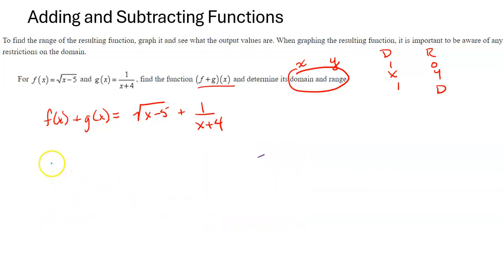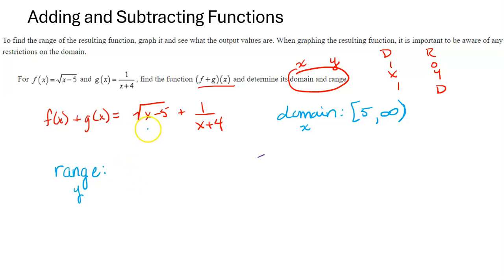Okay, so for range, we are going to plug in the 5 that we got. So our domain is 5 to infinity, right? We're going to plug in 5 for x, because remember this is x, this is y.